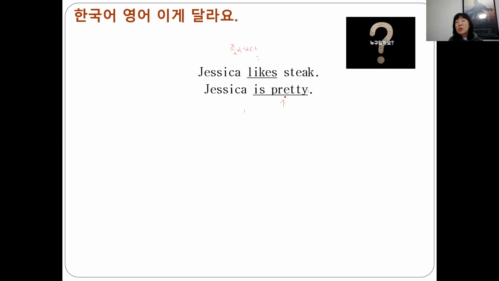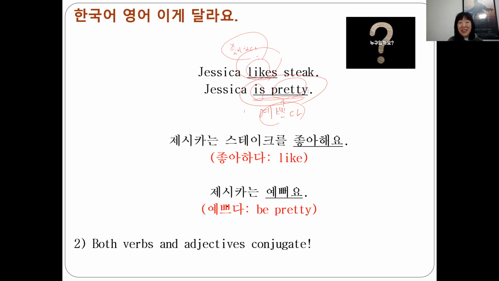And we don't say pretty only, but usually when the adjective is used as a predicate, we take to be pretty. 그래서 pretty is 예쁘다. Okay, 예쁘다, 귀엽다, 예쁘다. So in English, only verbs conjugate. However, in Korean, verbs and adjectives 좋아하다, 예쁘다, both conjugate 합니다. So you have to know that. 갑시다. I put it here.